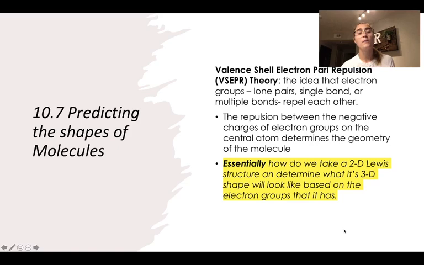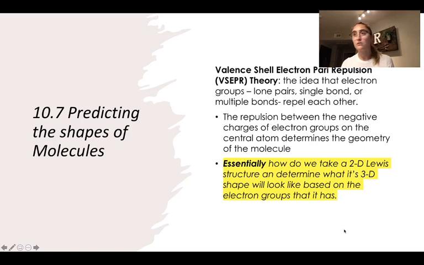That tells us how many valence electrons that atom has, and we can also do Lewis structures for ionic and covalent bonds, and we can look at how things are bonded together and how their valence electrons are shared. So basically what we're going to be doing in this unit is taking those 2D Lewis structures and using them to determine what it would look like in 3 dimensions, because again, these bonds and these atoms aren't two-dimensional things.